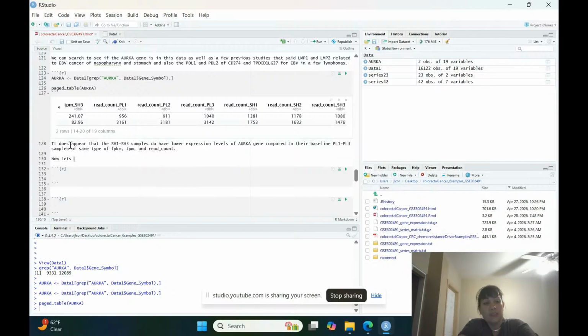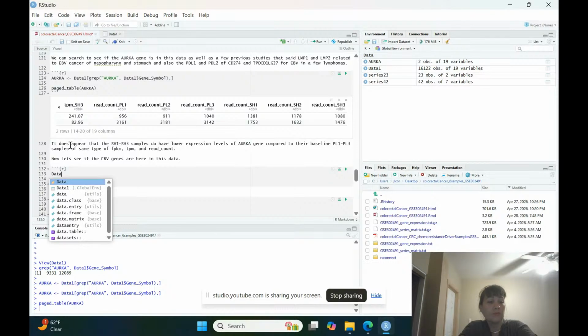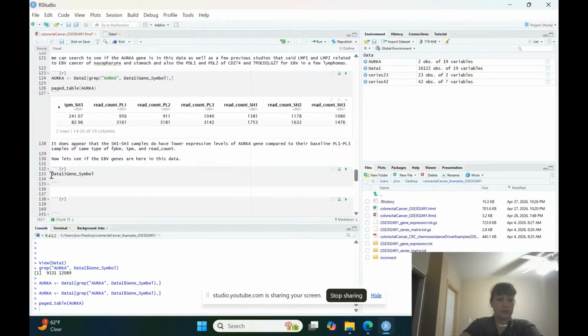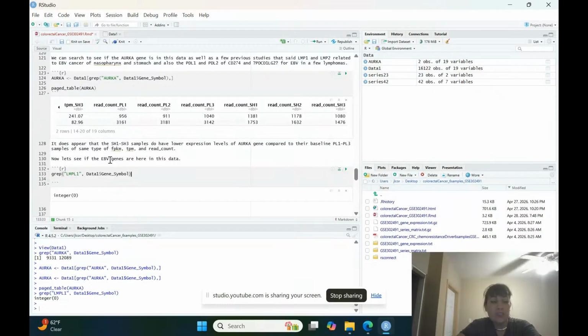Now let's see if the EBV genes are here in this data. Okay. Grep LMP1. Missing. That one's there. Nothing. And then we'll go ahead and look at the other ones.